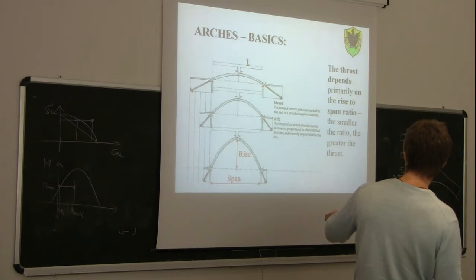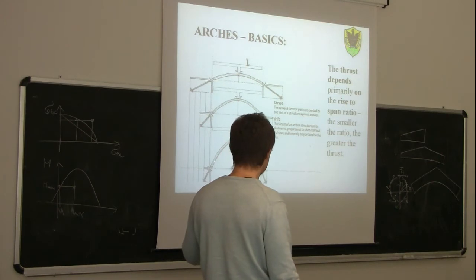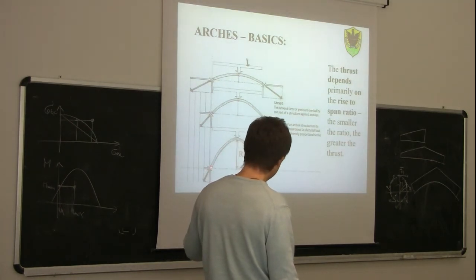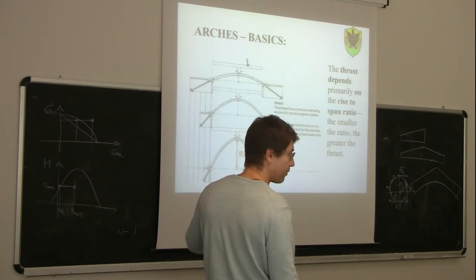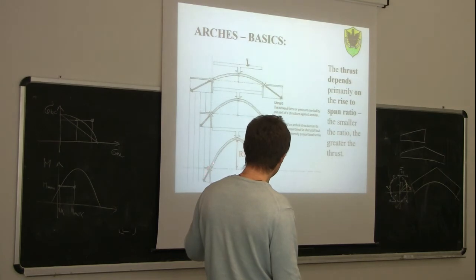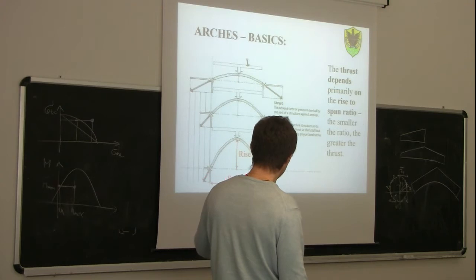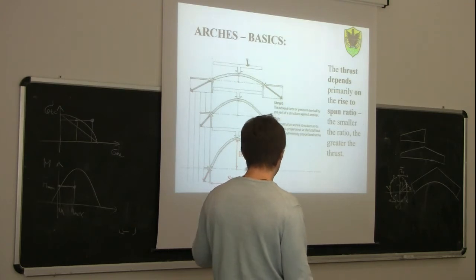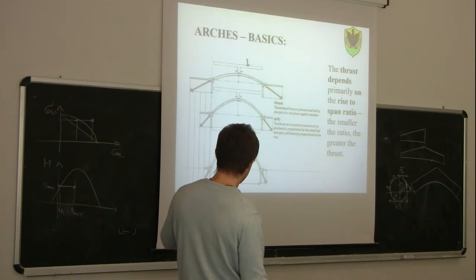However, as you can see, as we move from this scenario to this scenario here, since we said in an arch the main force is the compression, we can expect here on this joint that the restraint reaction will equilibrate the compression force. And this compression force should be the opposite of this force here, plus the opposite of this reaction here, plus this result shall be equal to 0.